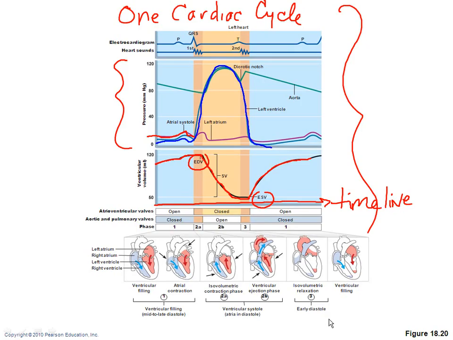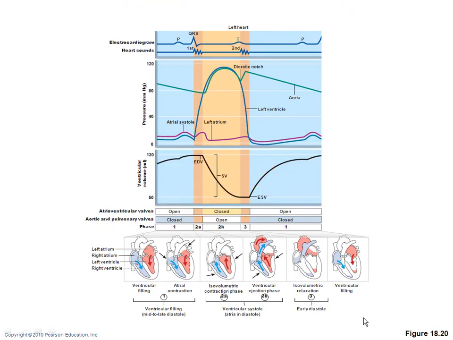And even though we didn't talk about it all that much, the green line here is showing you pressure changes within the aorta itself. And if you read about it, you may see there's a little blip where the pressure in the aorta starts to drop as less blood is being forced out of the ventricles, but then it jumps up for a second. That's called the dicrotic notch.